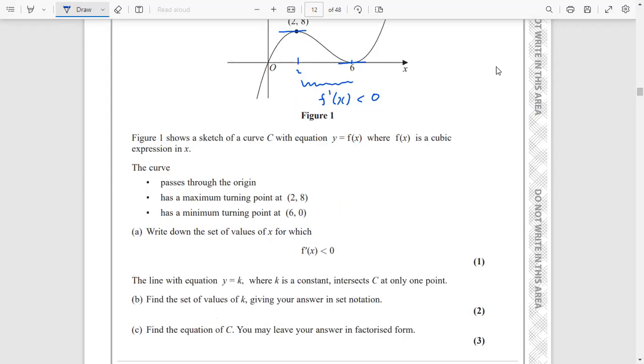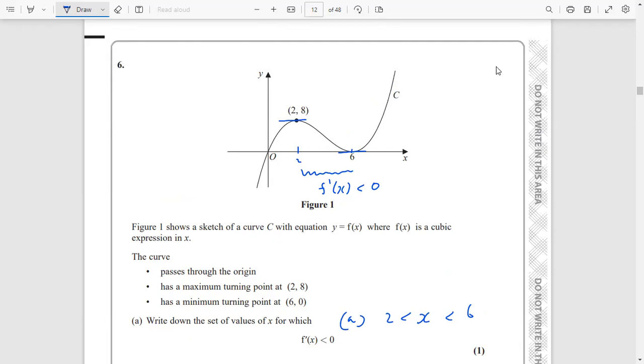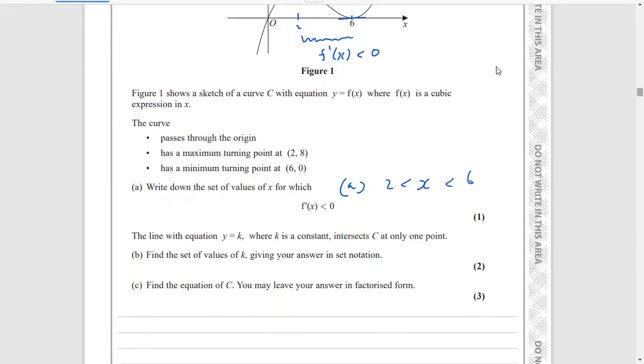So for part A of the question, your solution would be x between 2 and 6. As long as x is between 2 and 6, your gradient's negative, so your function's decreasing. That's what that means. That would be the first part of the question.